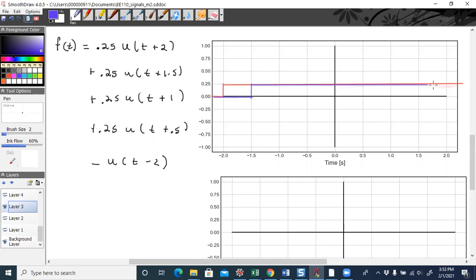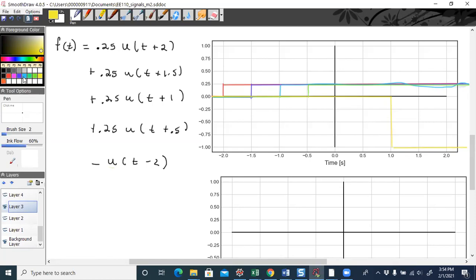It comes up to 0.25 and continues. And we have the same signal delayed again. Oops. Not as necessarily as drawn as nicely. Okay. So those are all the individual signals.